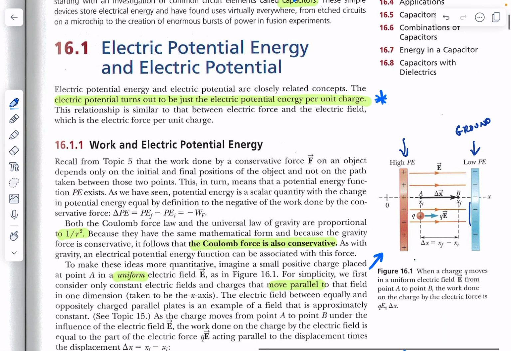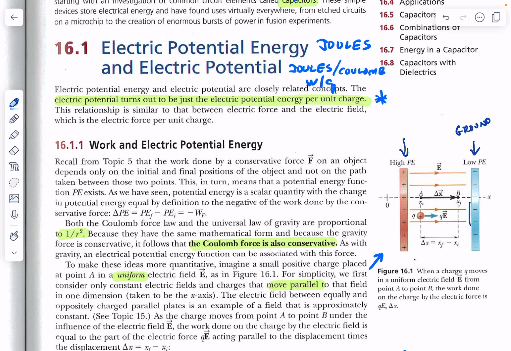So, electric potential energy versus electric potential. These two terms do not mean the same thing. The electrical potential energy is going to be, like all forms of energy, measured in joules. But the electric potential, in terms of units, is going to be joules per coulomb, or work per unit charge.